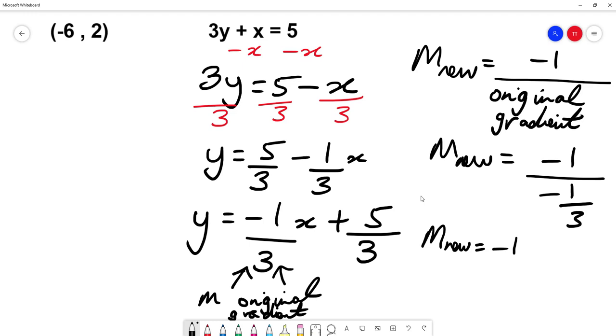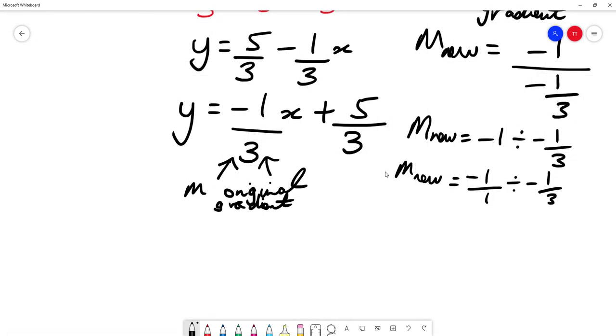So -1 divided by minus a third. Now we know from when we divide fractions, this is -1 over 1 divided by minus a third, and m nu is -1 over 1 times, now turn this upside down, so we get 3 over -1.